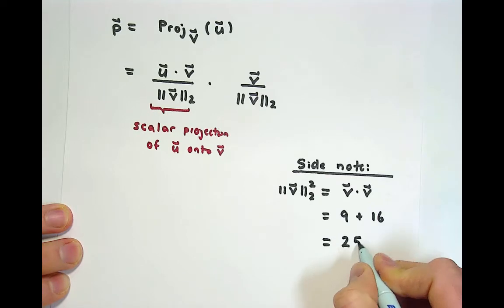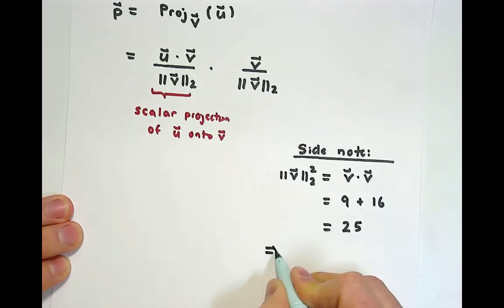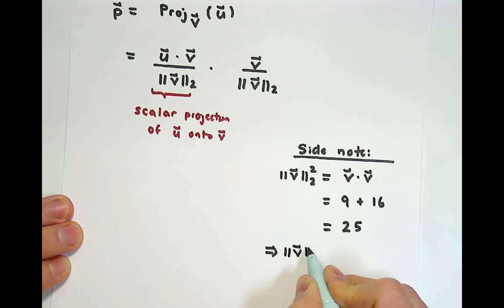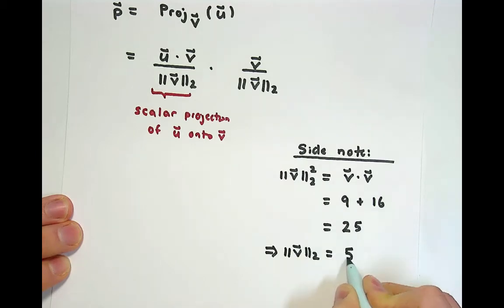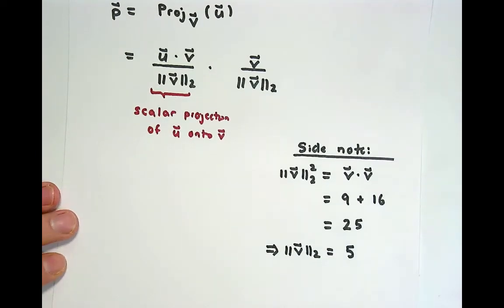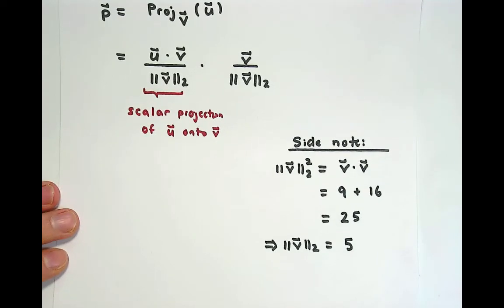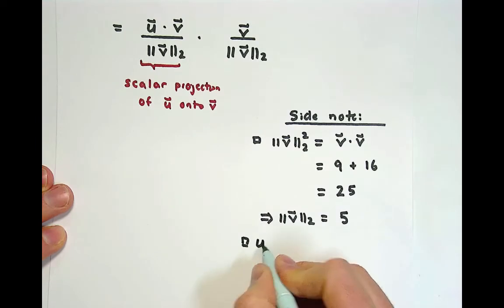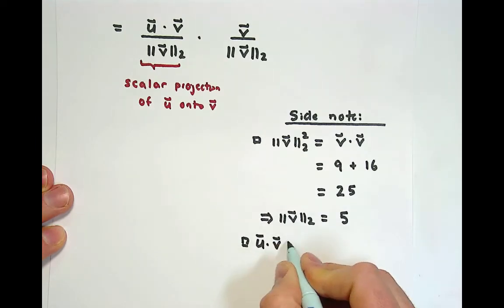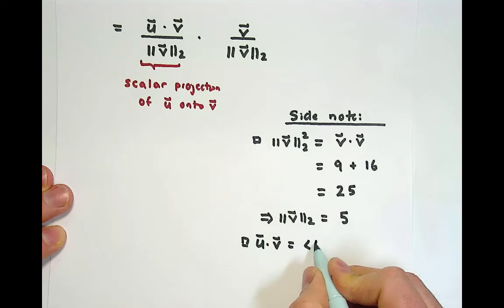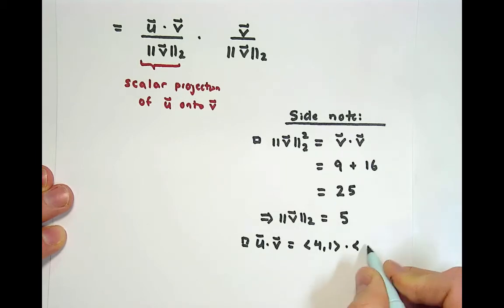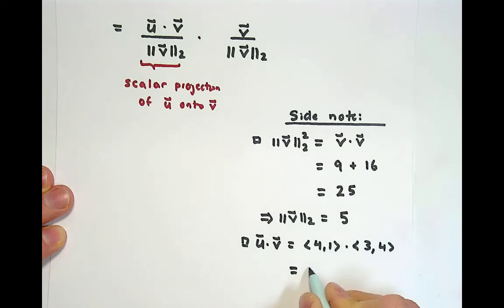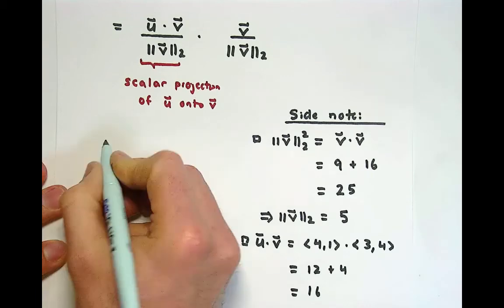Of course, that means that the 2 norm squared is 25, and at the very end, I can take the square root of this, and I get that the 2 norm of v is 5. And we can do another side note quickly to recognize that u dot v, as a quick recall, u was 4, 1. We just said that v was 3, 4. So this is now 12 plus 4, which is 16.